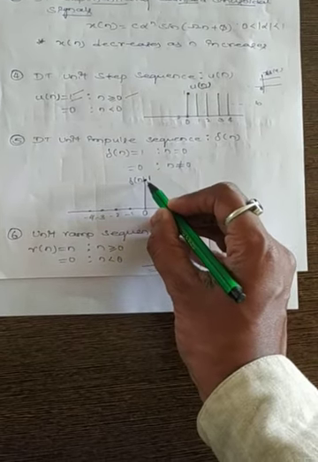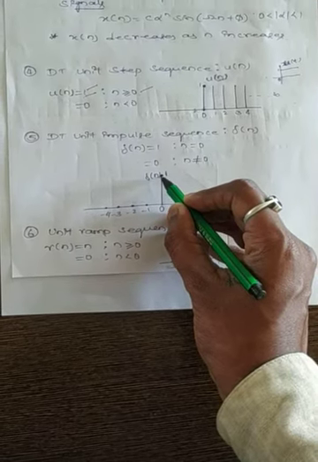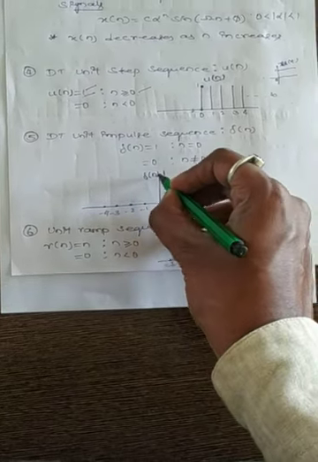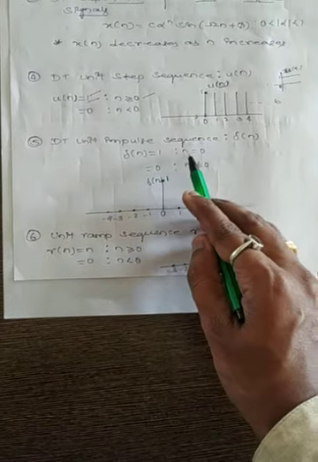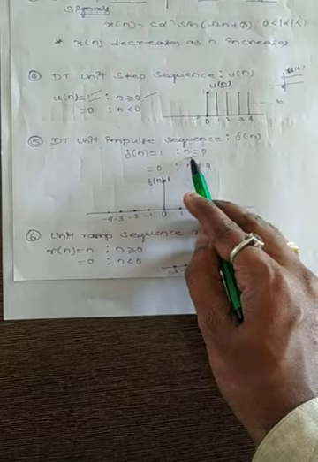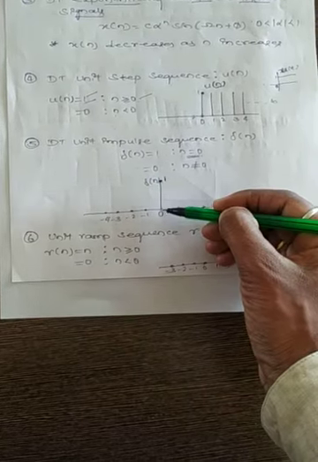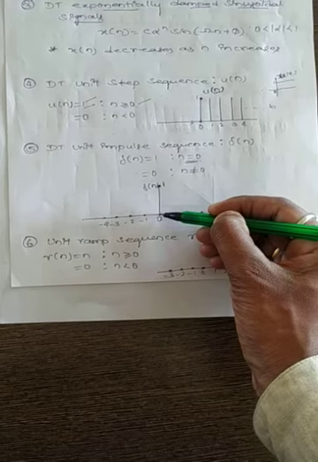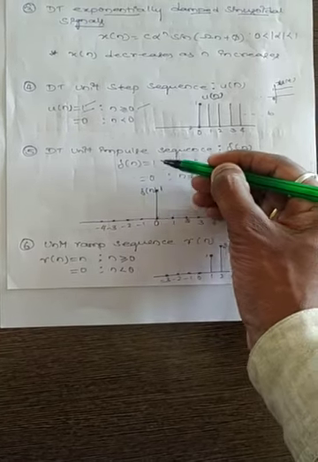Here it is a dot to indicate that it is in discrete time form. You can have a look at this. When n is equal to 0, its amplitude is 1.